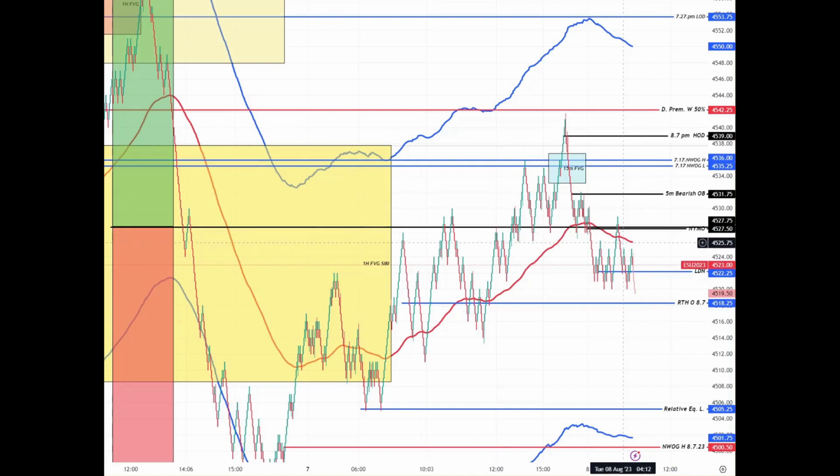So that's a level. It's also where the red Keltner is. Upper red Keltner, I've got 45.50 and change, and lower blue 4501.75, which is confluent to relative equal lows here that we created in the AM RTH time zone right here.